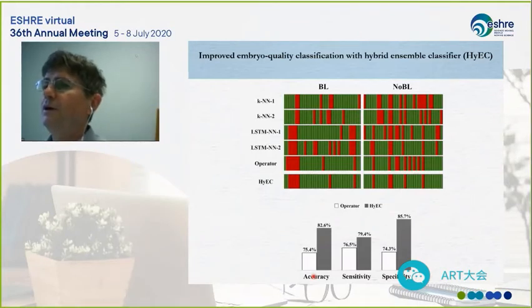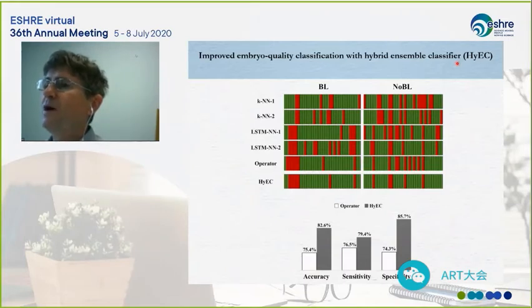Differently from the mouse, the human analysis with this artificial neural network reached the accuracy that we obtained with a trained embryologist.